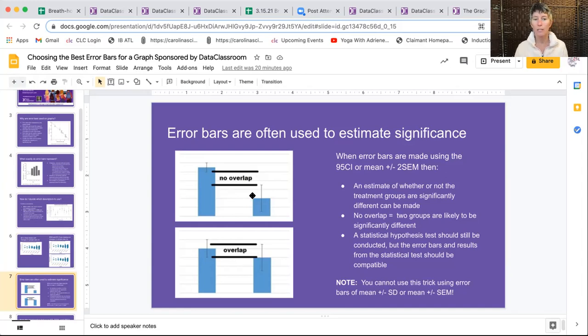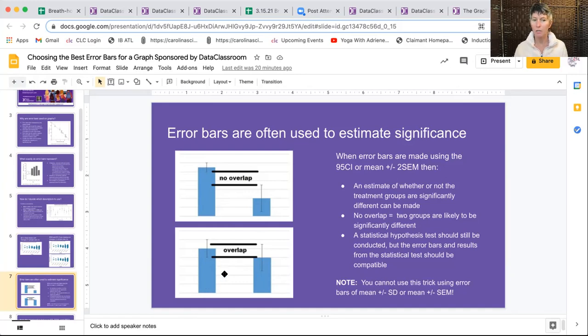So if the error bars are made with the 95% confidence interval or two standard errors of the mean, and there's no overlap between them, then it's likely that your difference between the two experimental groups is significantly different. If they do overlap, then it's not likely there's a significant difference in these two experimental groups.